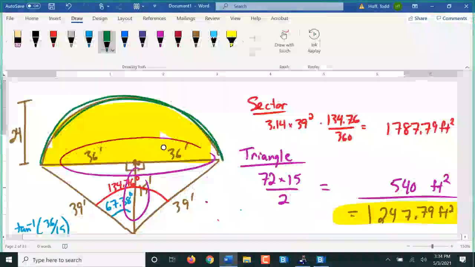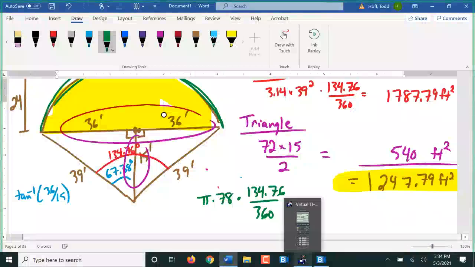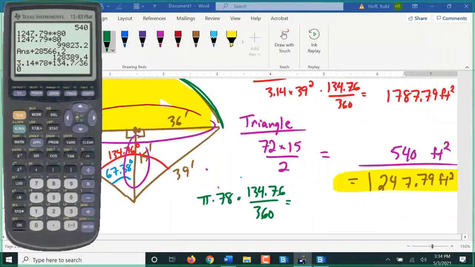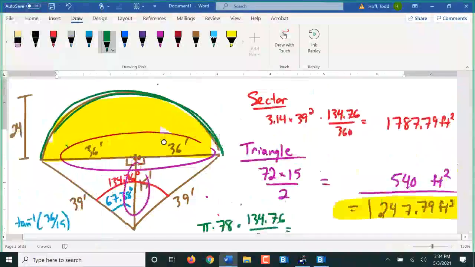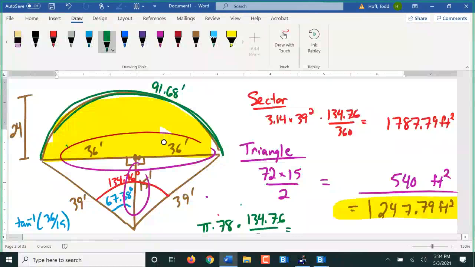We need this arc length up here, which is just going to be pi times the diameter of 78 times that angle of 134.76 divided by 360. $91.68 we get. That arc length.